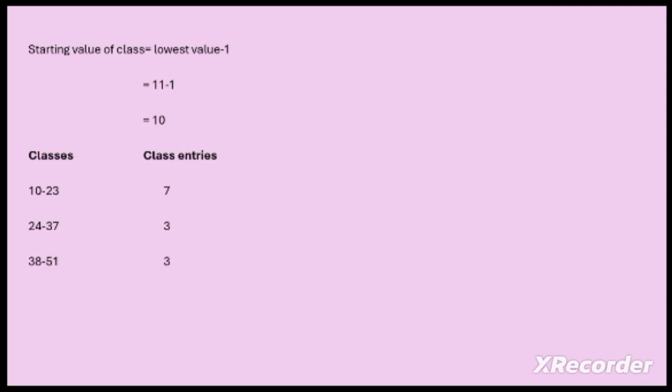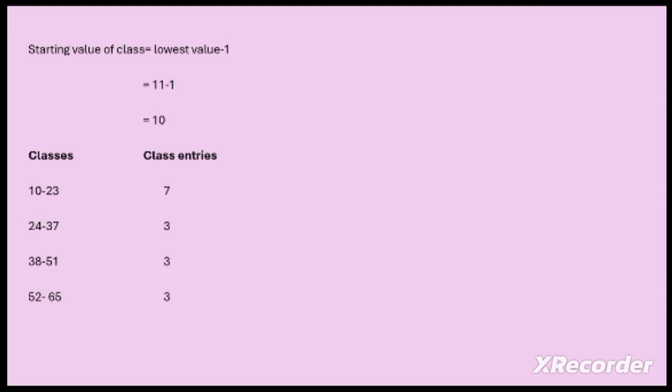And how many numbers are there between 38 and 51? There are 3 numbers between 38 and 51 in the given data of example number 3, which I showed you in the previous slide. And how many numbers are there between 52 and 65?